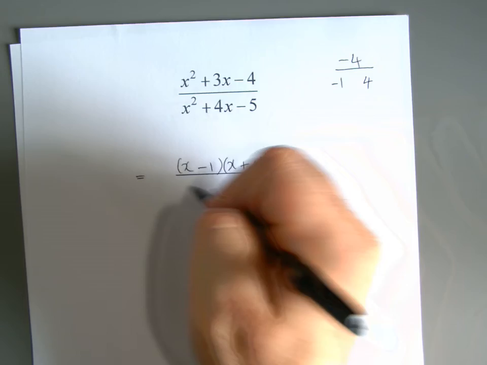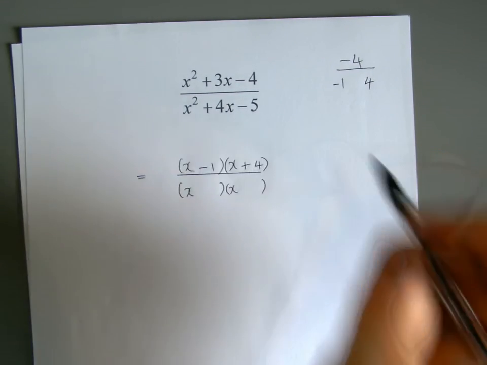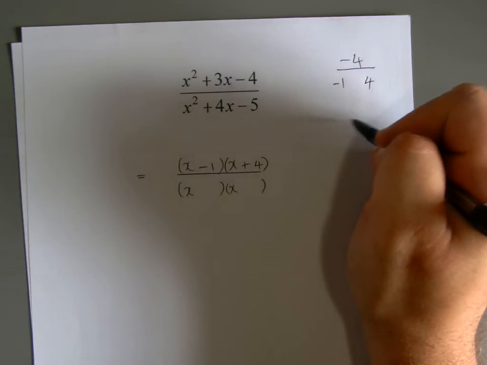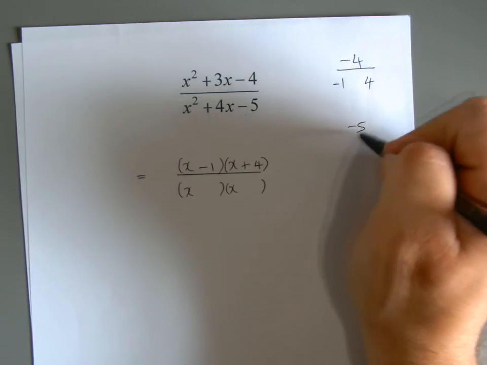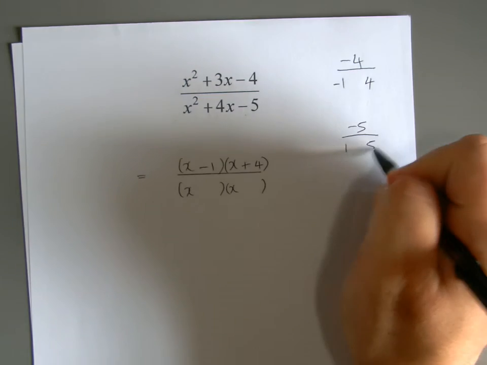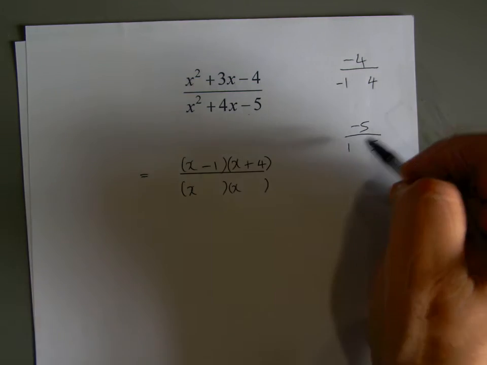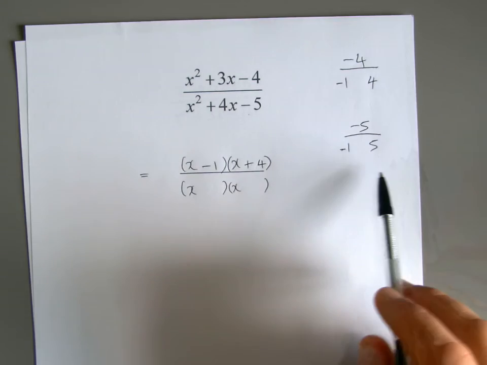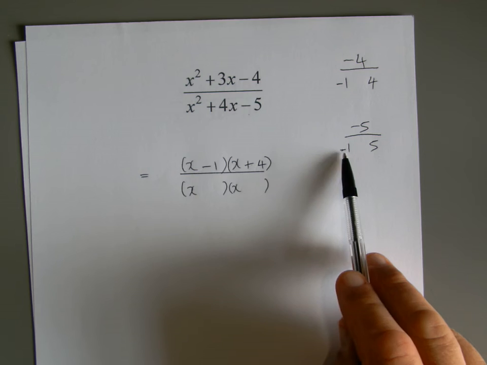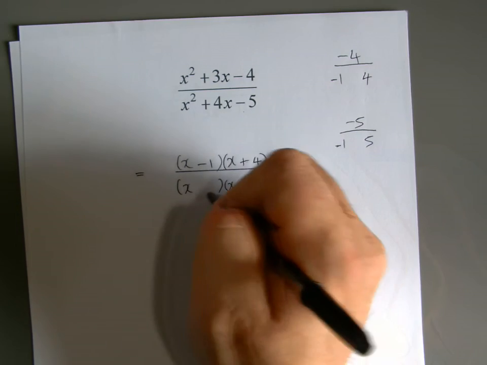And then for the bottom one, the denominator, again x at the start of both of them. In this case, we want them to multiply to give negative 5. So let's start off with 1 and 5. You can get 4 from there, can't you, if you make that negative 1? 5 take away 1 is positive 4, and they will multiply to give minus 5. So I factorize that there.